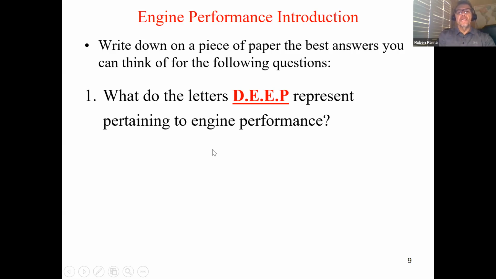This is going to have a lot to do with what we're talking about as far as what engine performance is. I don't expect you to know this, but you will. This is a way of thinking about engine performance and what ties into it. When we think about DEEP, we think about drivability.